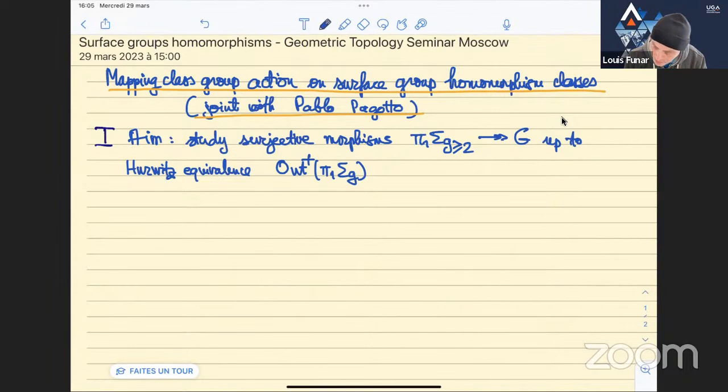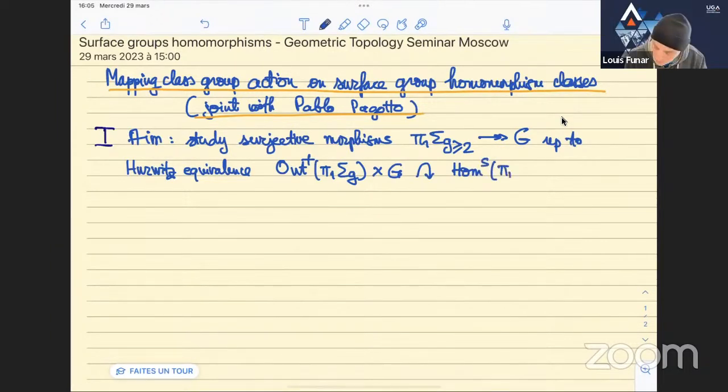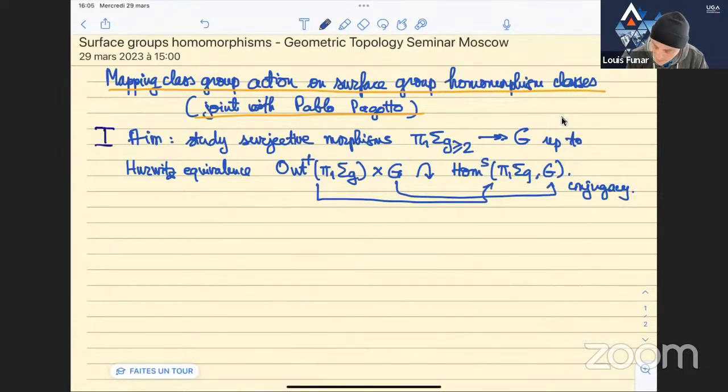So this is acting on the left on these homomorphisms, which are surjective from pi1 of sigma g into G. And as I said, G here is acting by conjugacy on the right side, and then this one is acting from the left side, so on pi1 of sigma g.